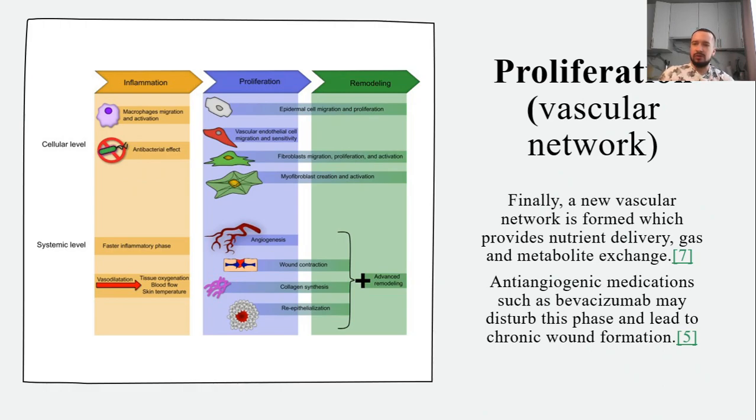Finally, a new vascular network is formed, which provides nutrient delivery, gas, and metabolic exchange. Anti-angiogenic medications such as bevacizumab may disturb this phase and lead to chronic wound formation.